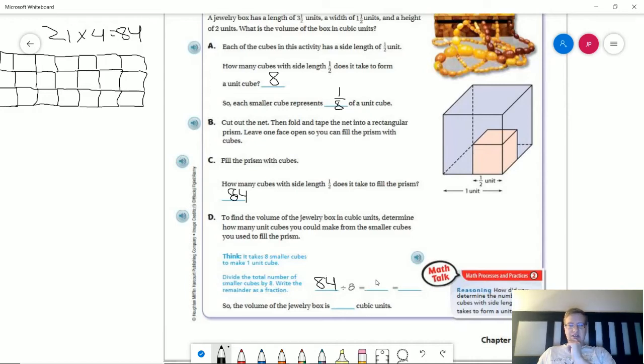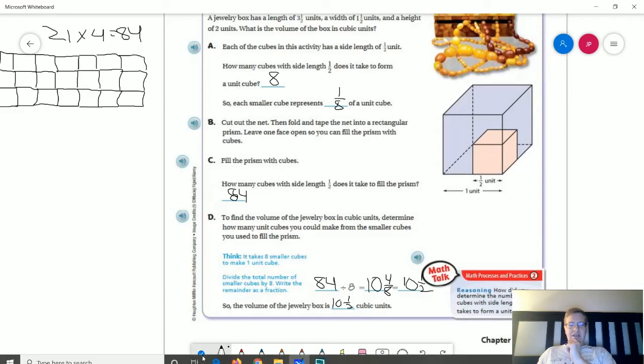I can already know that I'm going to have 10 for my whole number, and I'm going to have 4/8 left over, which is going to give me 10 and 1/2 units. And so the volume of the jewelry box is going to be 10 and 1/2 units.